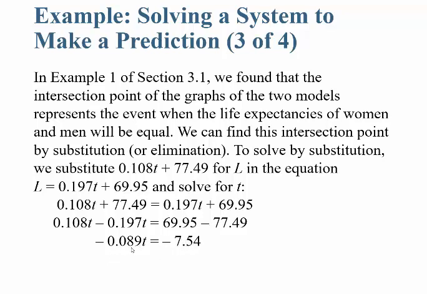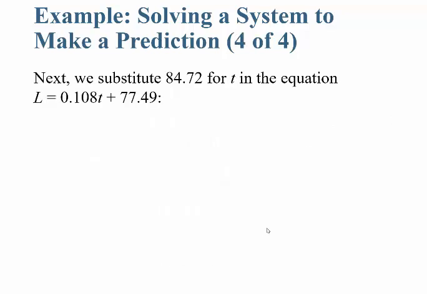When I divide both sides by minus 0.089, the negative becomes positive, and t is roughly equal to 84.72. Now we substitute this in for t in any equation. It doesn't matter which one. I pick the life expectancy of women and I get roughly 86.64.